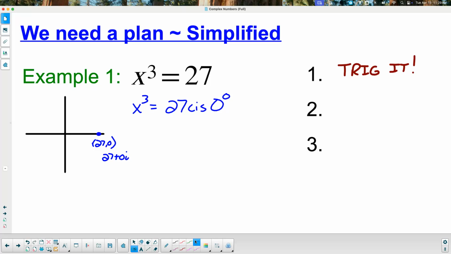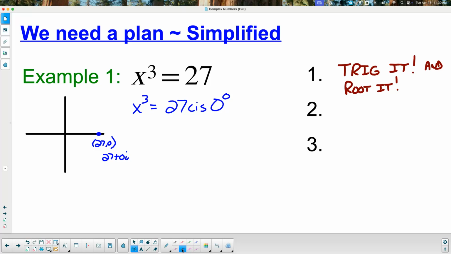So we trig it, and then after we trig it, we root it. Okay? So we trig it and we root it.